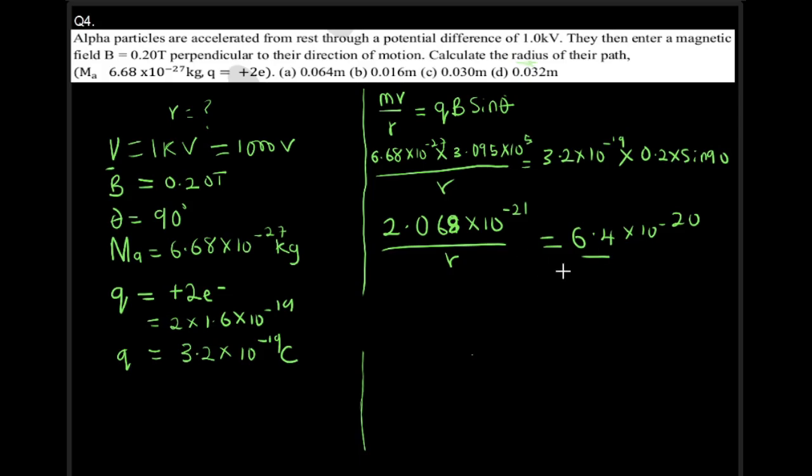So to get r here, we can cross multiply. This is simply this all over 1. So if we cross multiply, we have this times this. That will give us 6.4 times 10 raised to the power of minus 20r equals 2.068 times 10 raised to the power of minus 21.